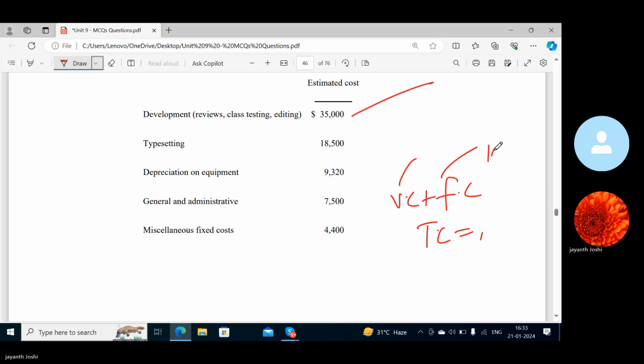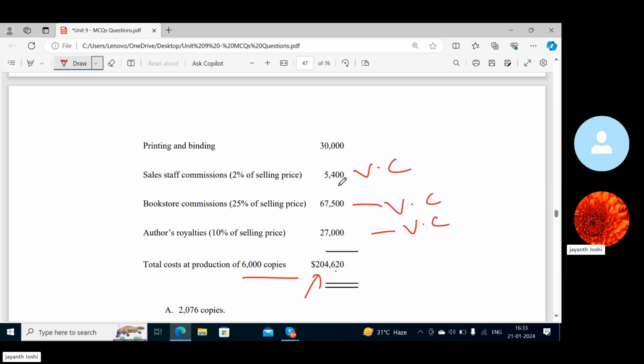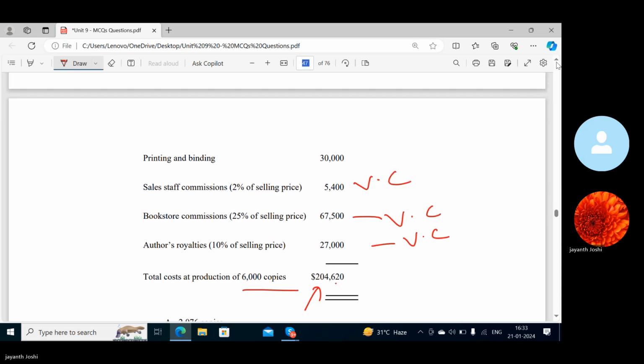Fixed cost. And variable cost: 5,400, 67,500, 27,000. If we add up, I think we will get 99,900.